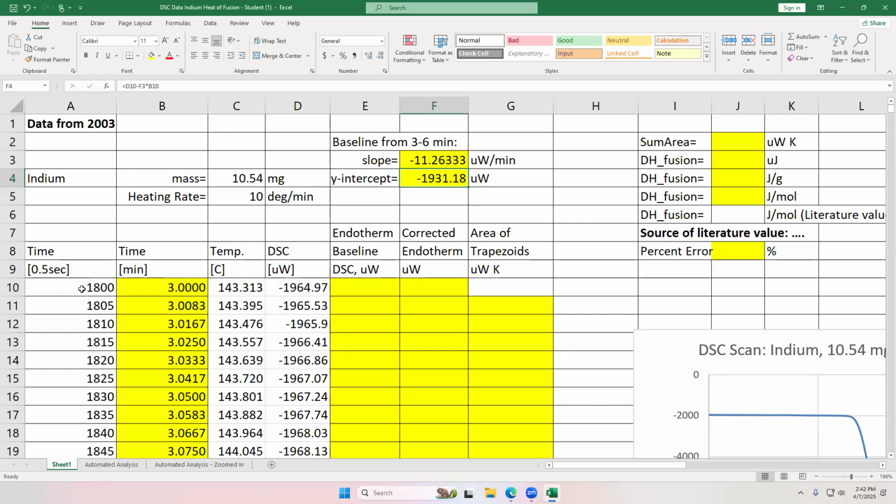Over here, this is not really 1800 seconds. That's 180.0 seconds. That's just the way the software tabulates it. And this is not really 1805 seconds. It's 180.5 seconds. So that's why we have to divide it by 10 first to make it seconds, and then divide by 60 to convert it to minutes.